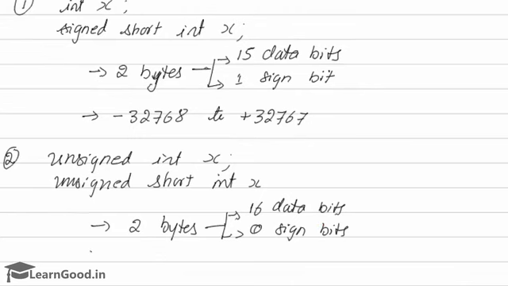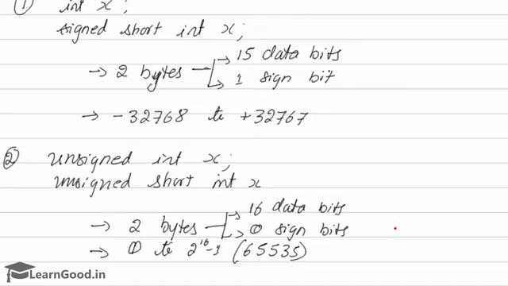When there is no sign bit, the values cannot be negative. The value will be only positive. It starts from 0 and goes up to 2 raised to 16 minus 1, that comes down to 65,535. That's the maximum value which you can store in an unsigned short int x.